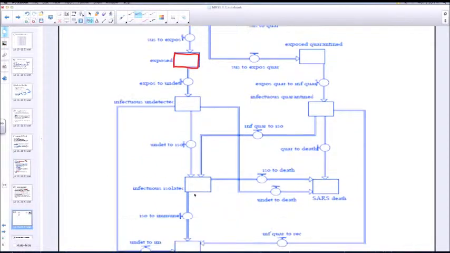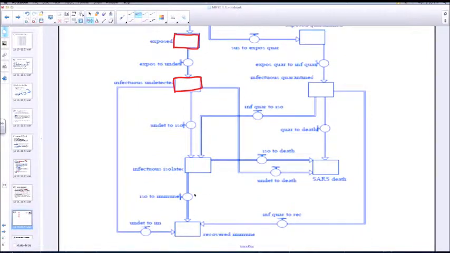I'm not going to go to all the details. Only this group, the infectious undetected, in contact with the susceptible could make the people either become infectious in the isolated community, or in the end become death, or it could be recovered.